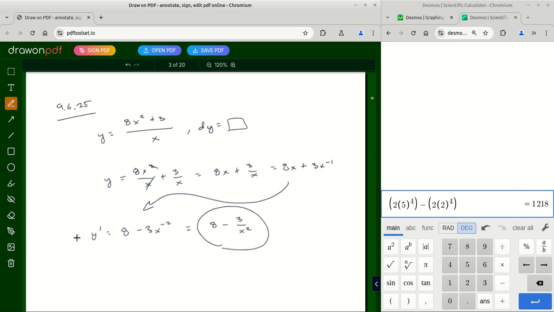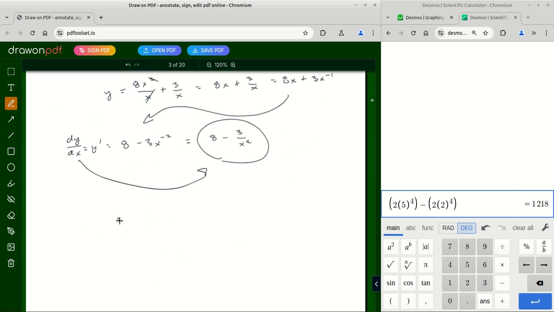Rather, that was dy dx. And I'm wanting to find dy by itself. So I multiply the dx to the other side. So dy is equal to whatever I found, my actual derivative, dx. There you go.